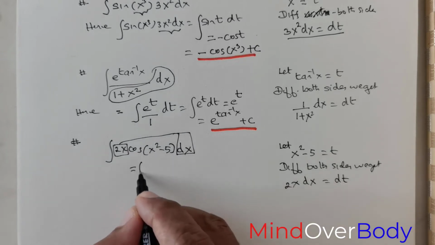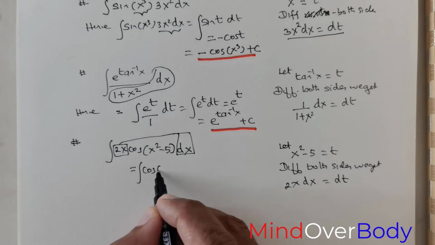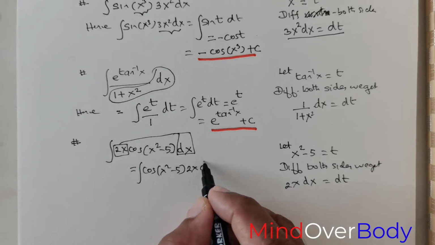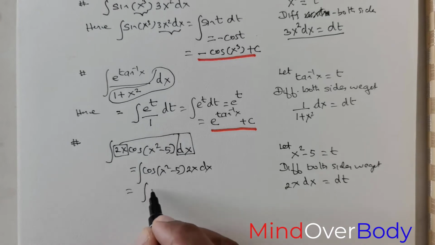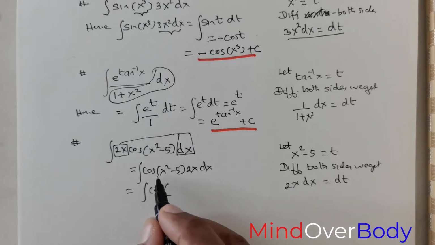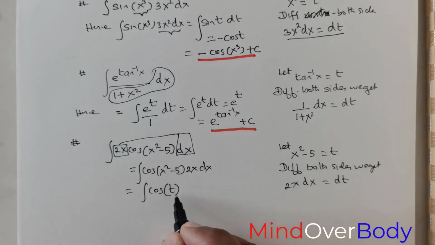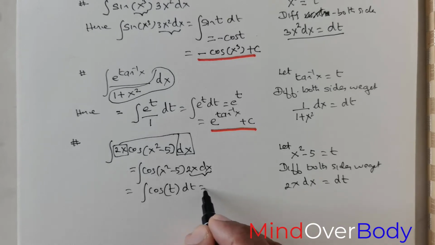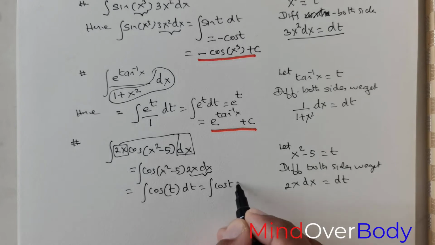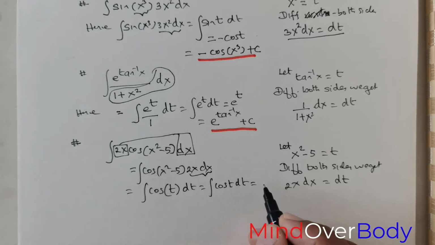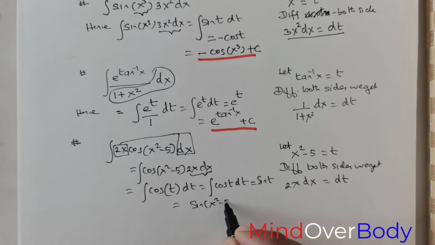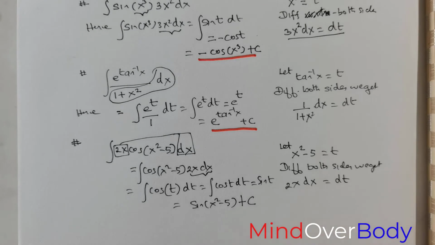If you want to rewrite this, it is cos of (x squared minus 5) times 2x dx, which is equal to the integral of cos t dt, since x squared minus 5 is t and 2x dx is dt. This is nothing but cos t dt, which is going to be sin t. But what is t? t is x squared minus 5, with the constant c.